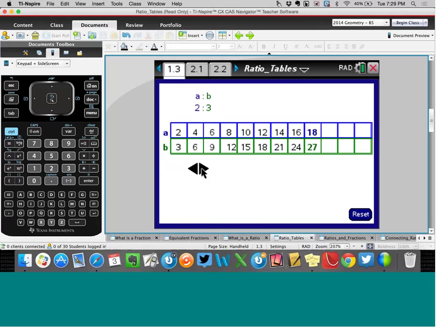Think about what we talked about with that multiplicative relationship of ratios, the additive relationship. What do you notice in this ratio table? What do you wonder about what you see in the ratio table?